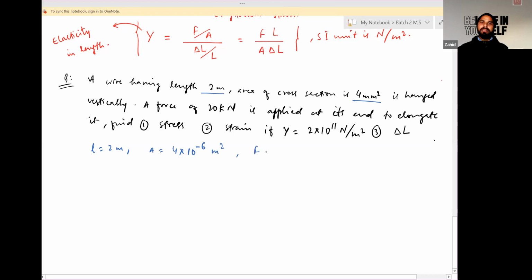Next, force applied is in kilonewton, so multiply it by 10 to the power 3 to convert it into Newton. And last, Young's modulus is 2 into 10 to the power 11 Newton per meter square. Just use these values and try to simplify.